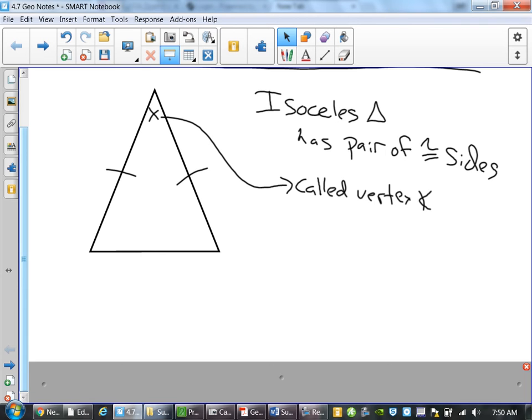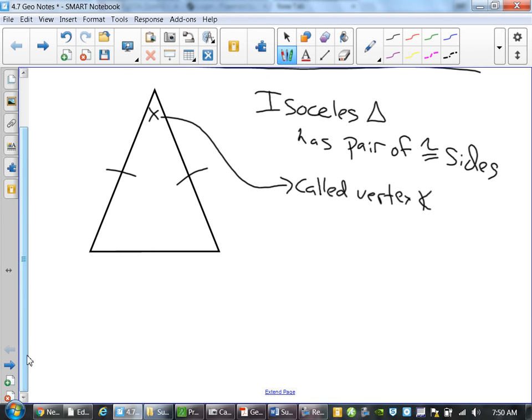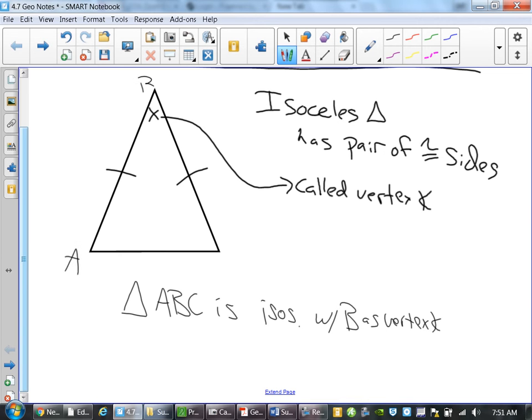So if I say that triangle ABC is isosceles with B as the vertex angle, that just means as you label it, the B is the angle between the two sides that are congruent. Right, it's the one between.